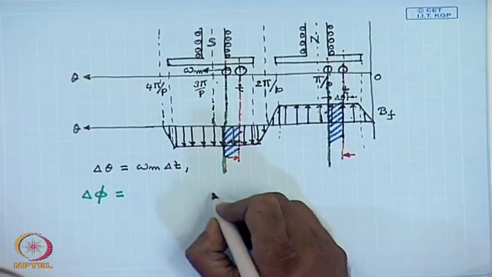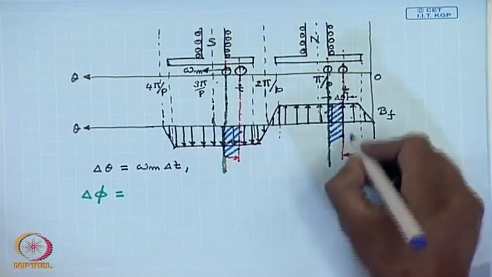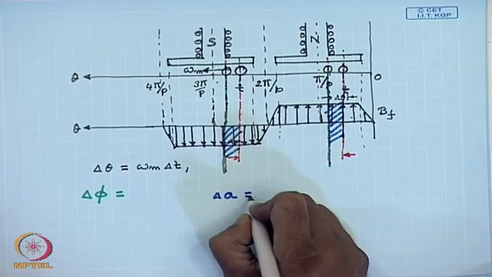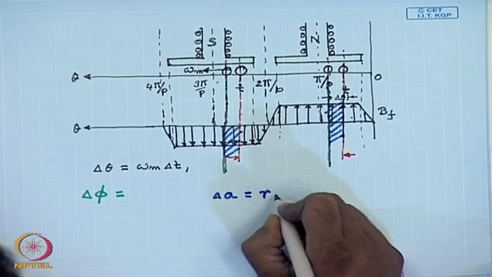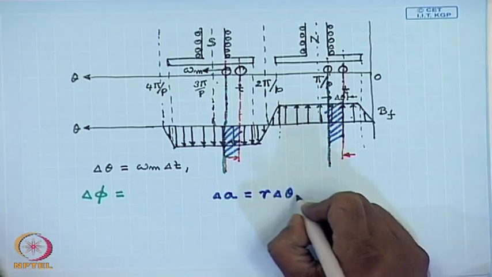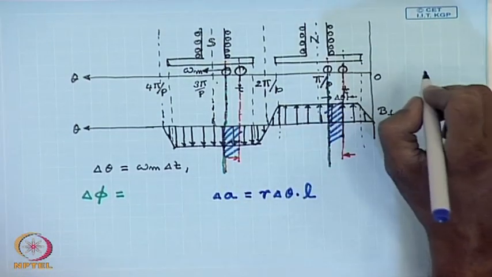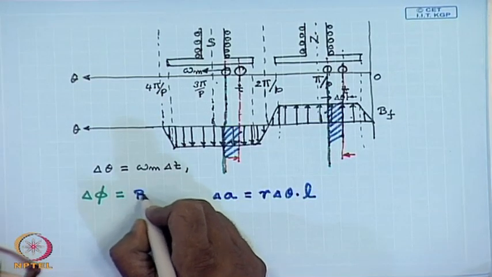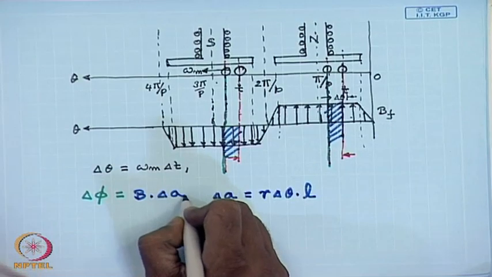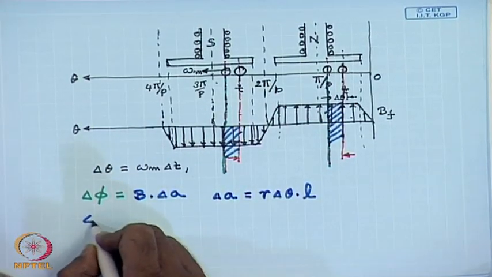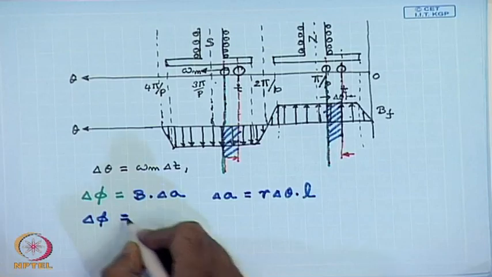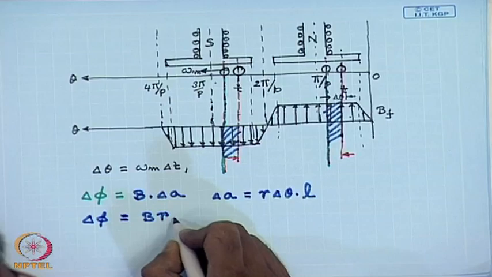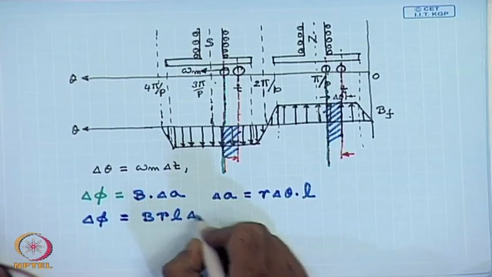The armature area due to this angle delta theta, delta A, is equal to the arc length r into delta theta into the length of the armature L. So, delta phi equal to B into delta A, that is delta phi equal to B r L delta theta.